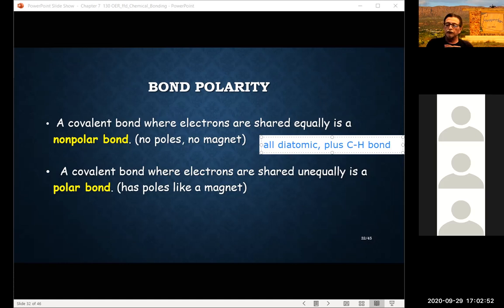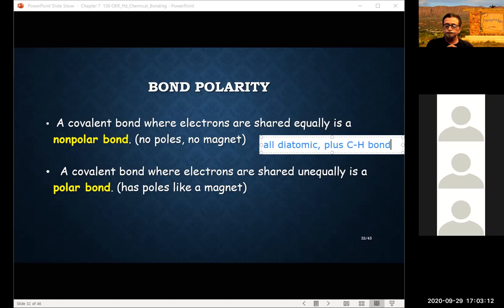Carbon-hydrogen bonds are all considered nonpolar, even though the atoms are different, because the electronegativity of carbon and hydrogen are essentially the same. So they're treated as nonpolar. You have around you examples of carbon-hydrogen bonds that are nonpolar.